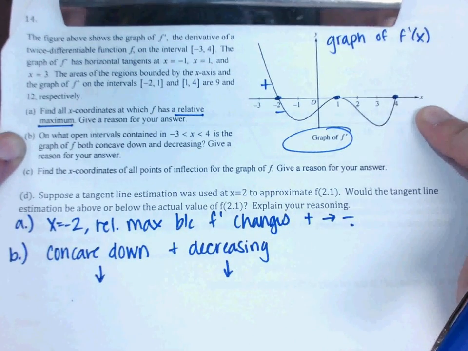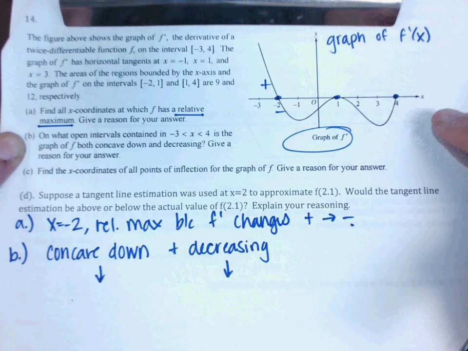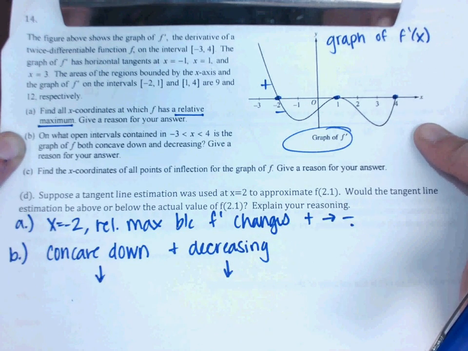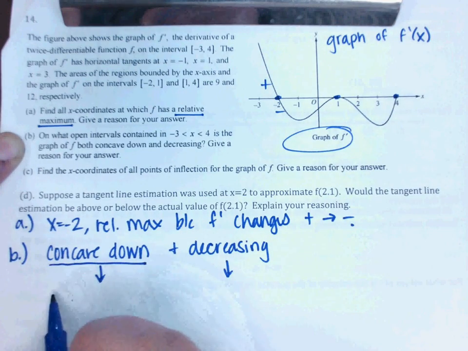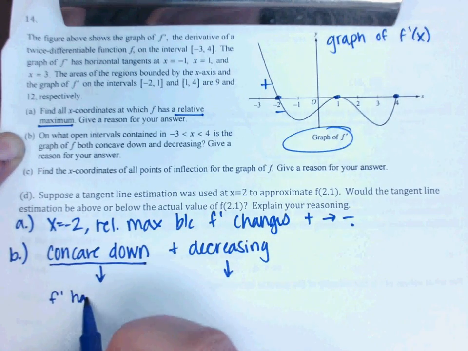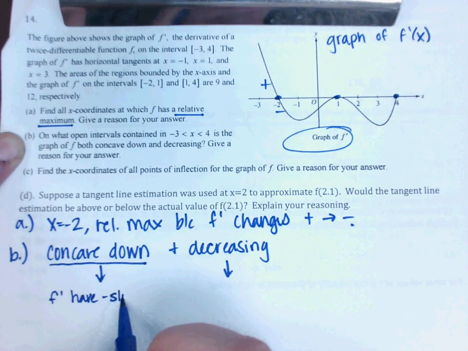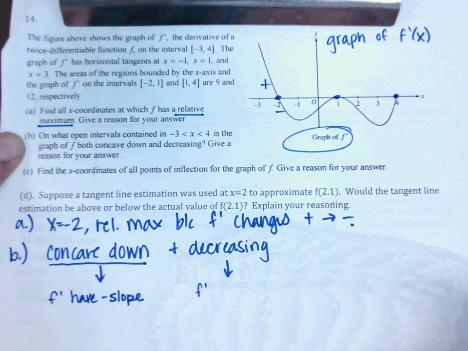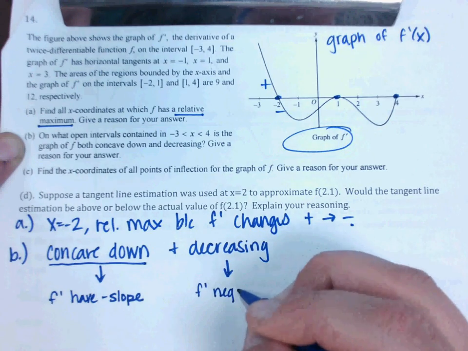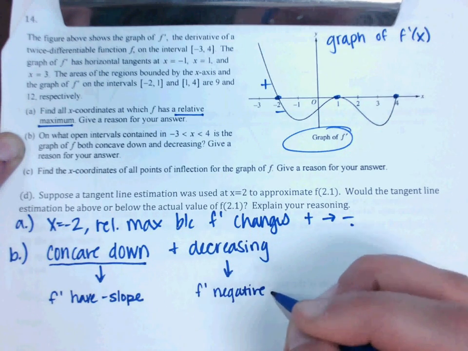No. How do I know concavity in the graph of f prime? Concavity is the slope. So if I want concave down, I want f prime to have a negative slope. Okay, now I also want f to be decreasing. Then where should f prime be? Negative or below the x-axis.